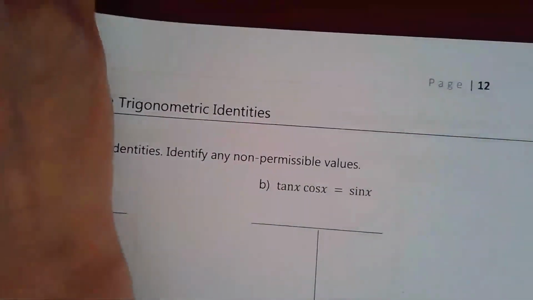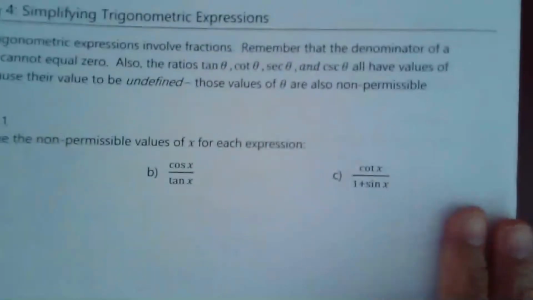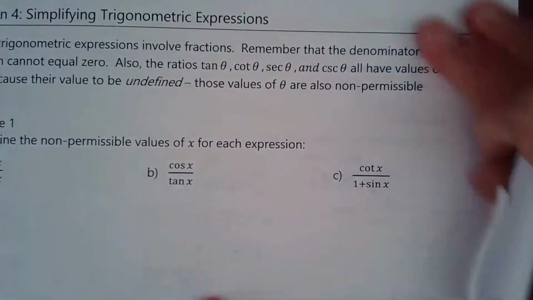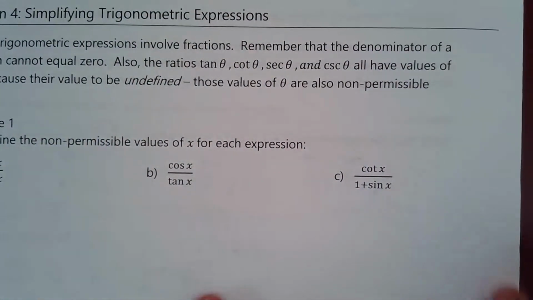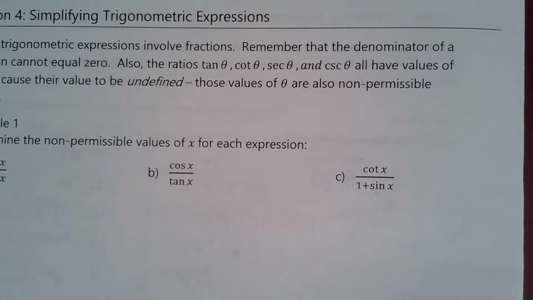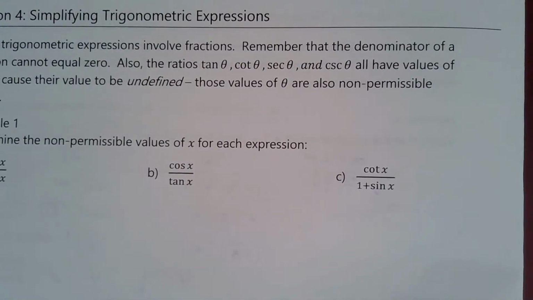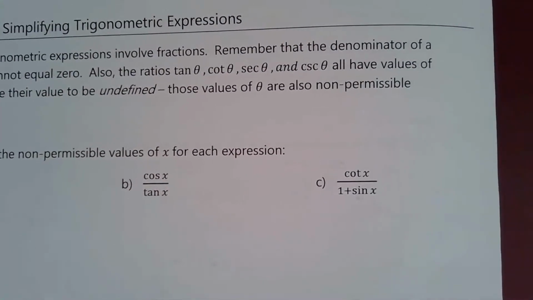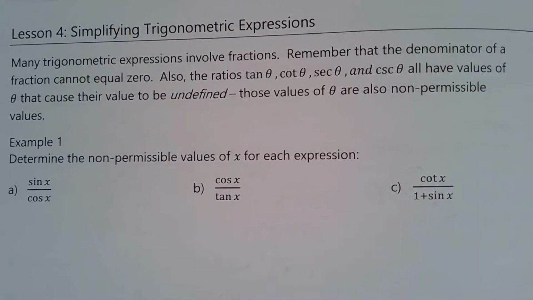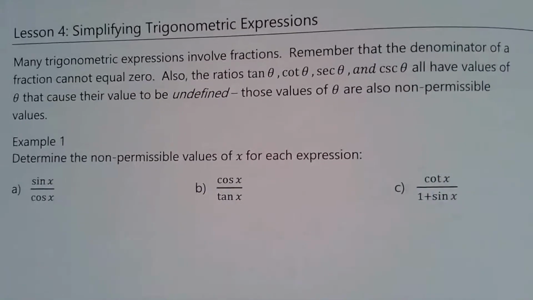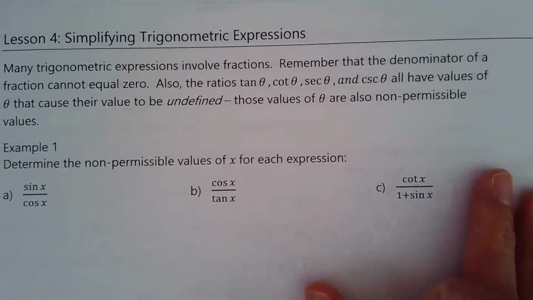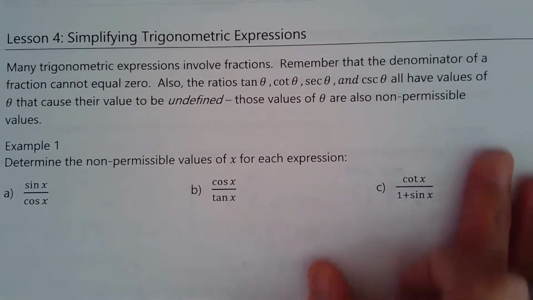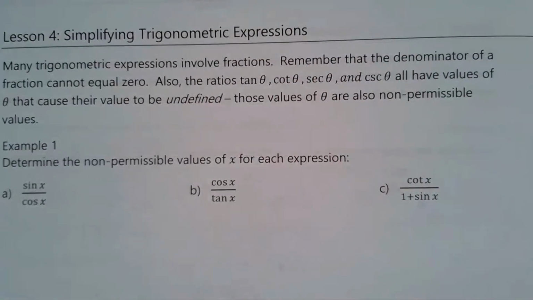Okay, so the next thing that we're going to do is lesson 4. We're really speeding things up in here, and like I said, it looks like it's a lot, but they are really, really highly connected to each other. So it's better to just do it all at once.